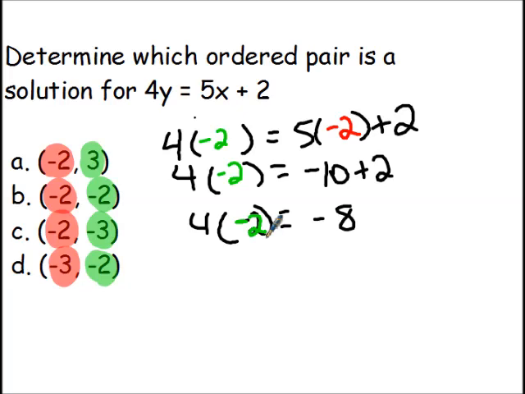So whenever X is -2, Y is also -2. So the correct answer here would be answer choice B.